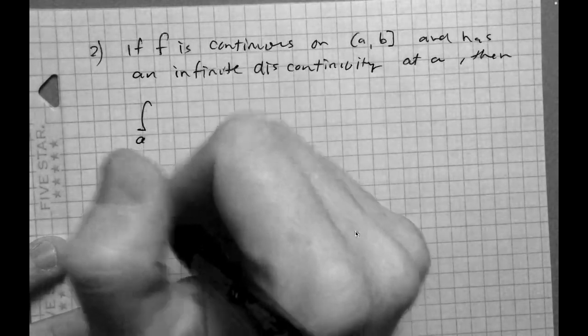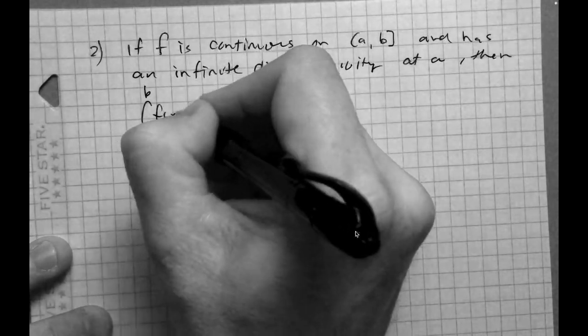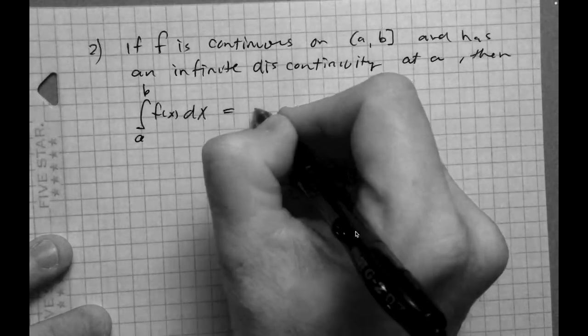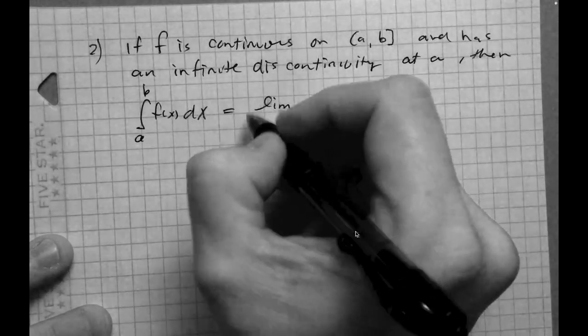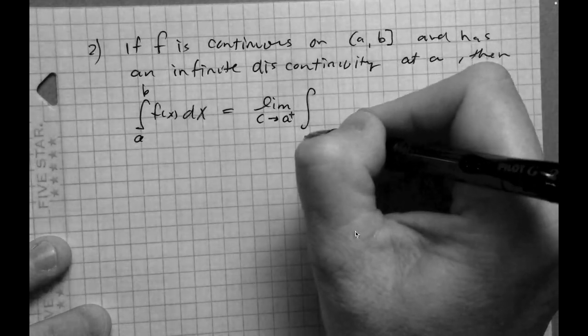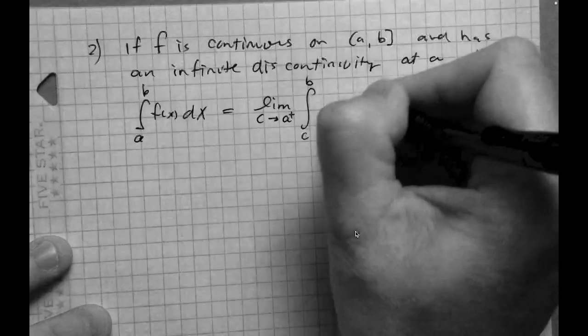So here we've got the integral from A to B of f of x dx. A is problematic, so we're going to take the limit as some other value C approaches A from the right of the integral from C up to B.